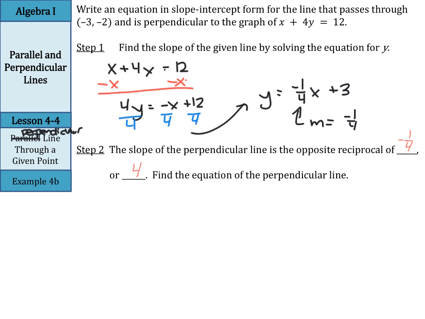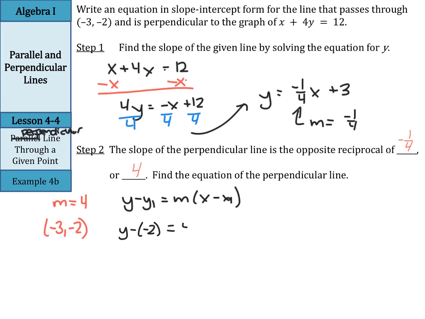We'll start off with our slope of m equals 4, and the point from the question, (-3, -2), and point-slope form, which is y minus y1 equals m times the quantity x minus x1, and make our substitutions in. y minus the -2 is going to equal 4 times x minus -3. We're left with y plus 2, if we simplify, equals 4 times x plus 3.